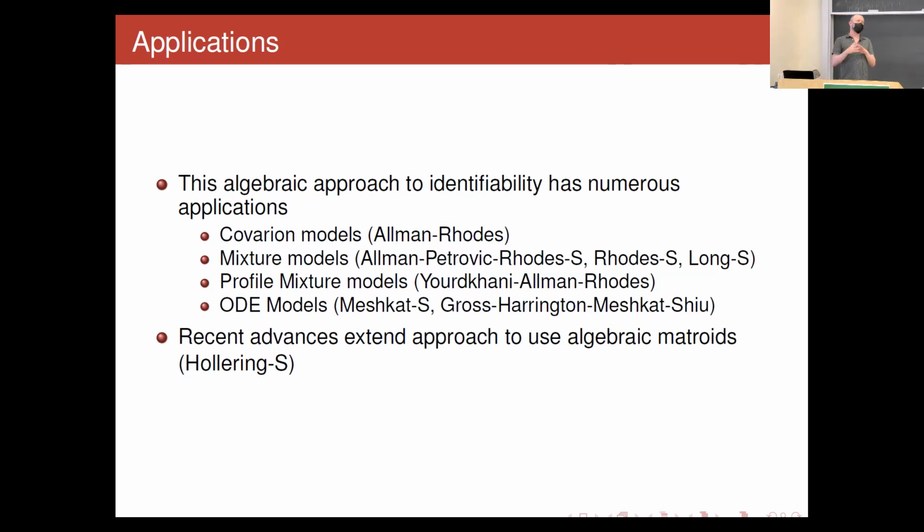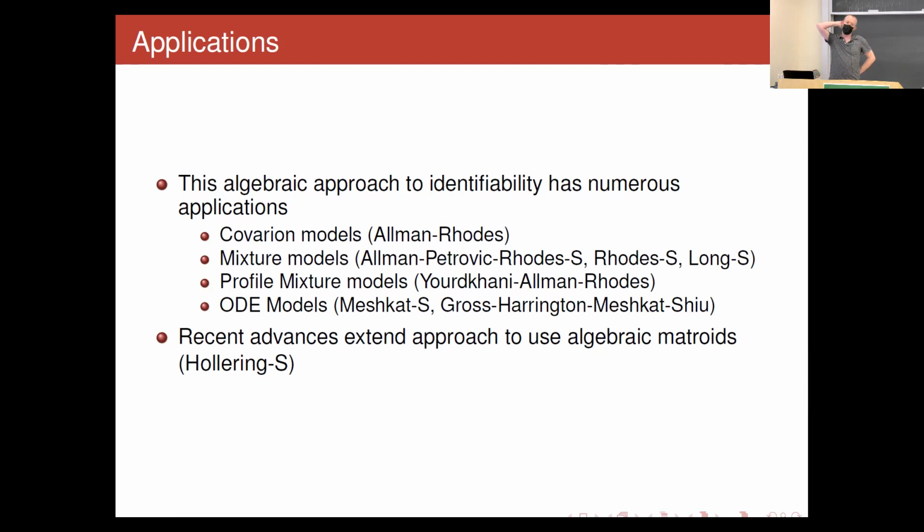The same approach can also be used in a completely non-phylogenetic context, because problems of identifiability come up all over applied mathematics, so also in the study of ODE models, which I've done with various co-authors. And one more recent thing with one of my students, Ben Hollering, was to realize that you can think about this idea as a statement about the matroid associated to the variety.